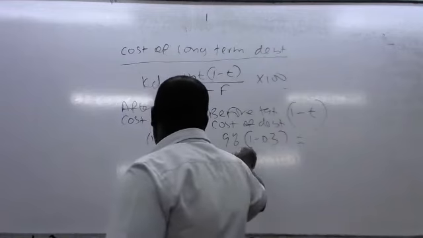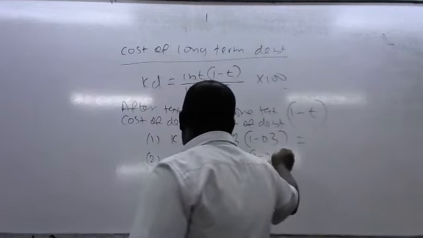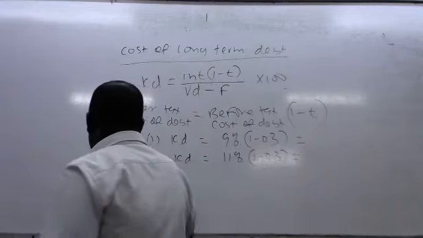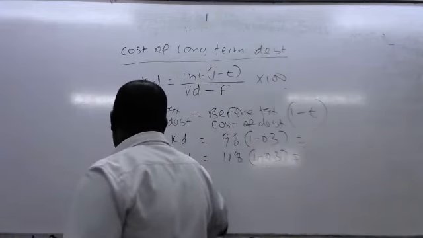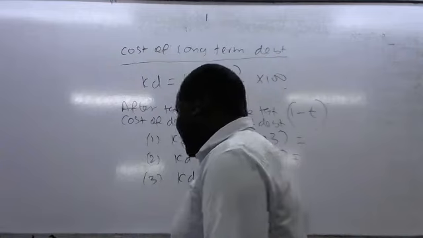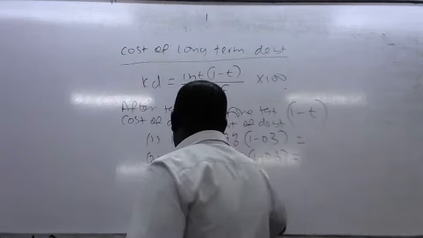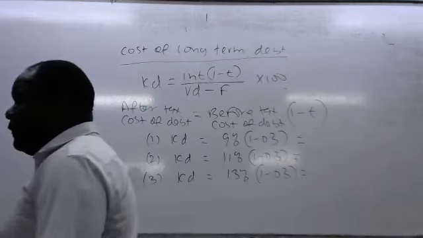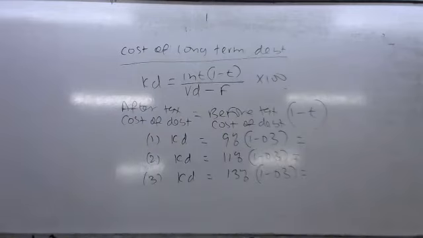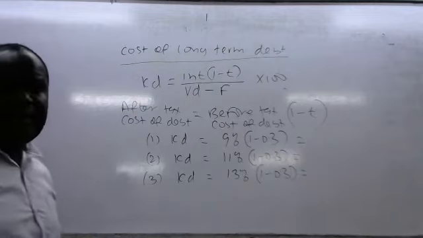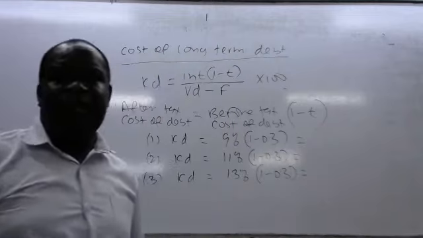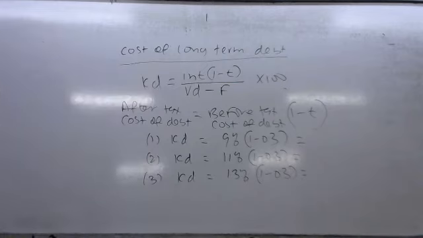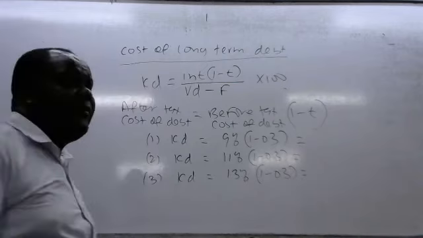You also take 11%, 1 minus 0.3. The third KD is meant to be 13%, then 1 minus 0.3. So for the bank loan, the cost of that loan is simply the interest rate, and we only get it net of the tax.